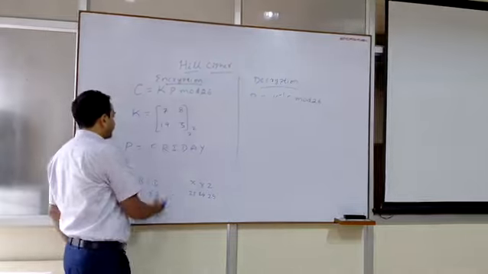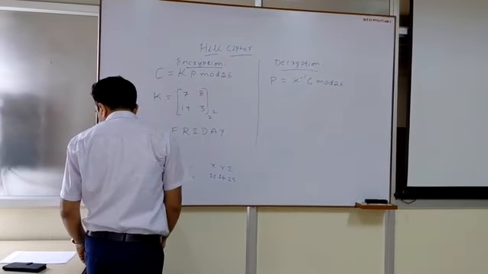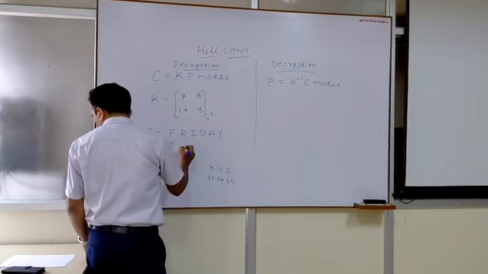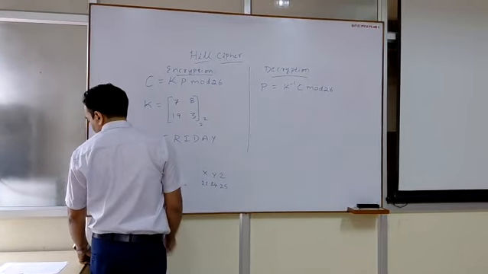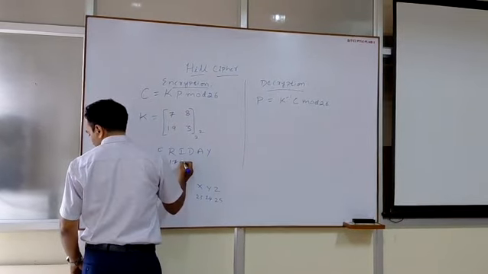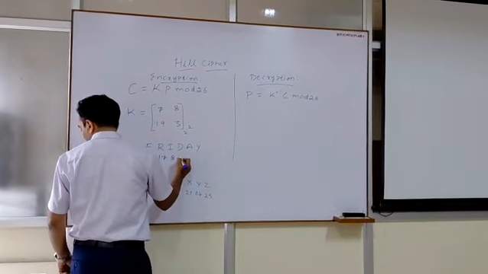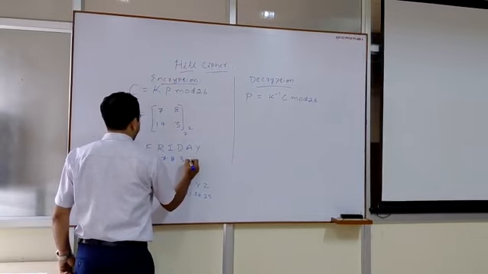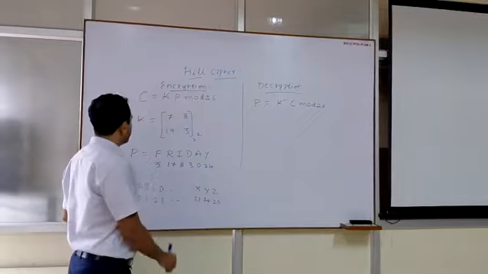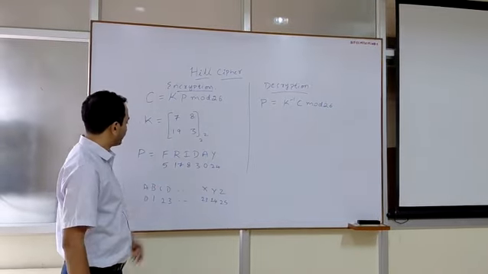Looking at the plain text Friday, F is 5, R is 17, I is 8, D is 3, A is 0, Y is 24. This is the plain text I want to encrypt using the key cipher technique.